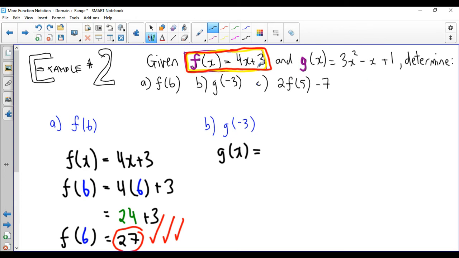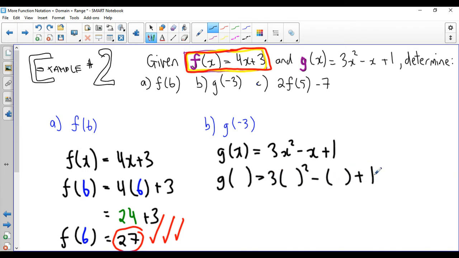Some students may copy the old function, but we're using this new function, which appears to be a quadratic function, if you remember stuff that you did in grade 10. So now what we're going to do is just replace every x with -3.